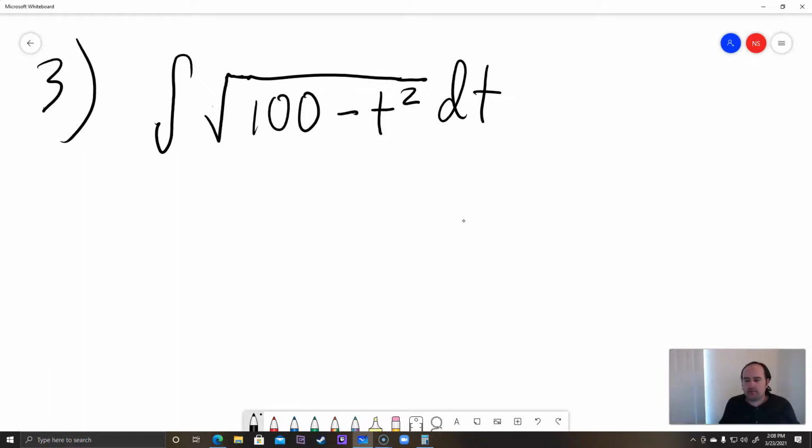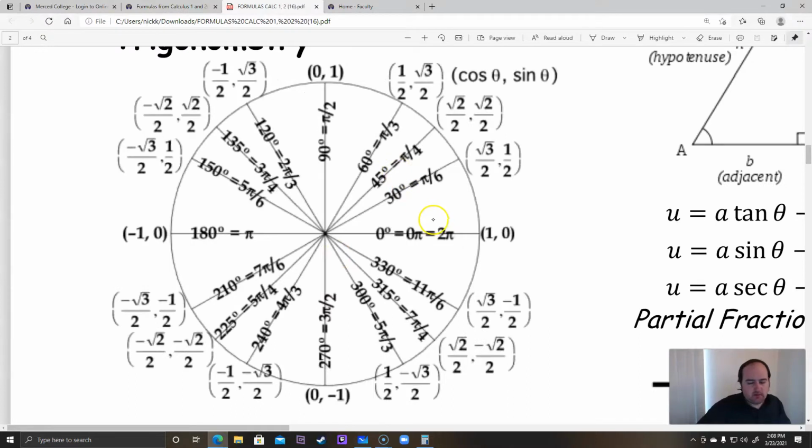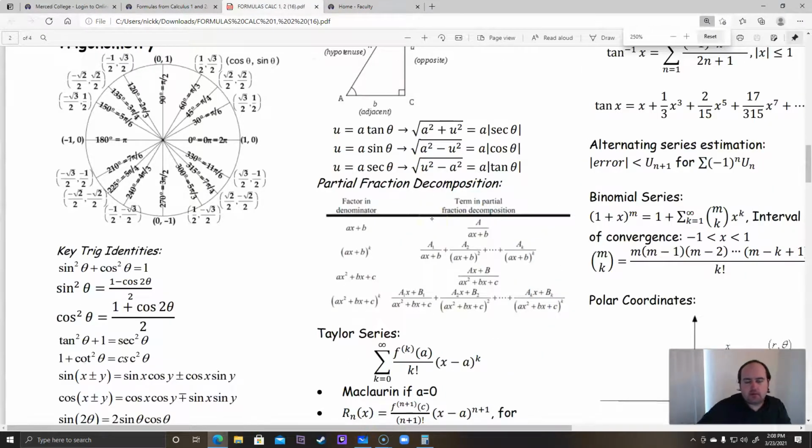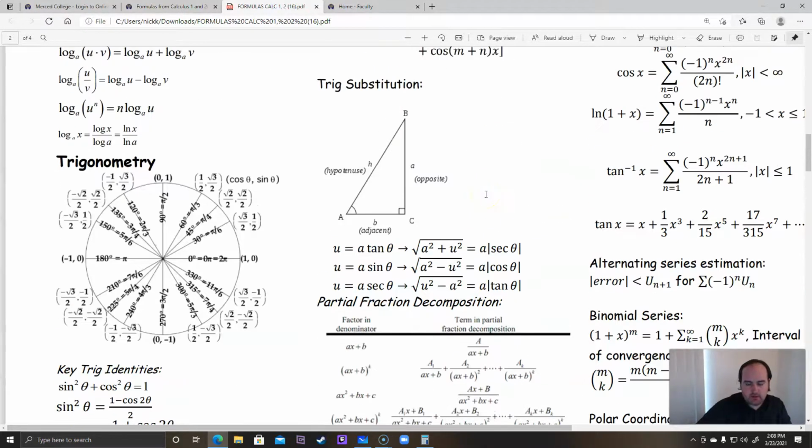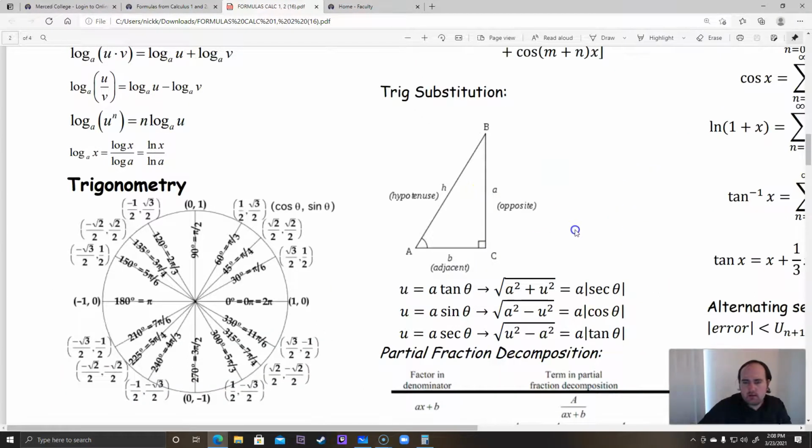Now here our variable is t instead of x, but we can still look at the formula sheet on the second page. Looking at our formula sheet under trig substitution, we're looking at these 3 forms and which one looks the most like ours.